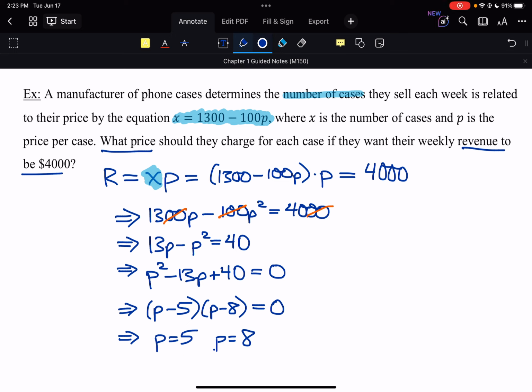So these are both p values. Okay, so these are both prices. And the question was, what price should they charge for each case if they want their weekly revenue to be $4,000?